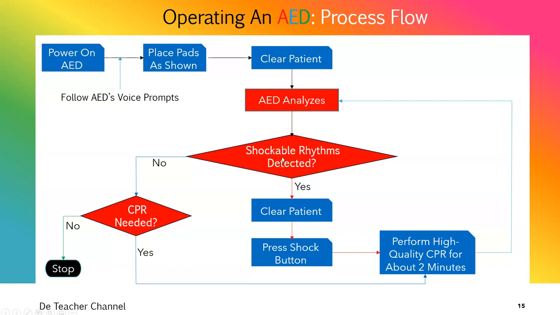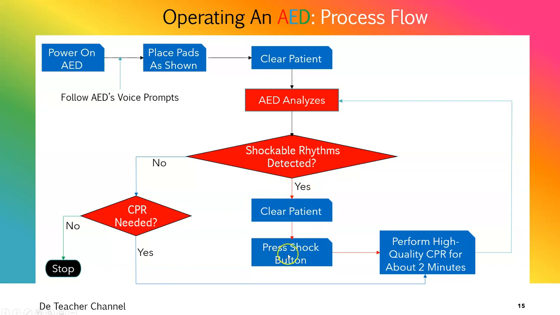Okay? There are two options. Either shockable readings are detected or unshockable readings. So the direction to go depends on whether it is shockable or not shockable. Shockable readings mean that abnormal readings are present, and in that case, the AED will recommend the shock.